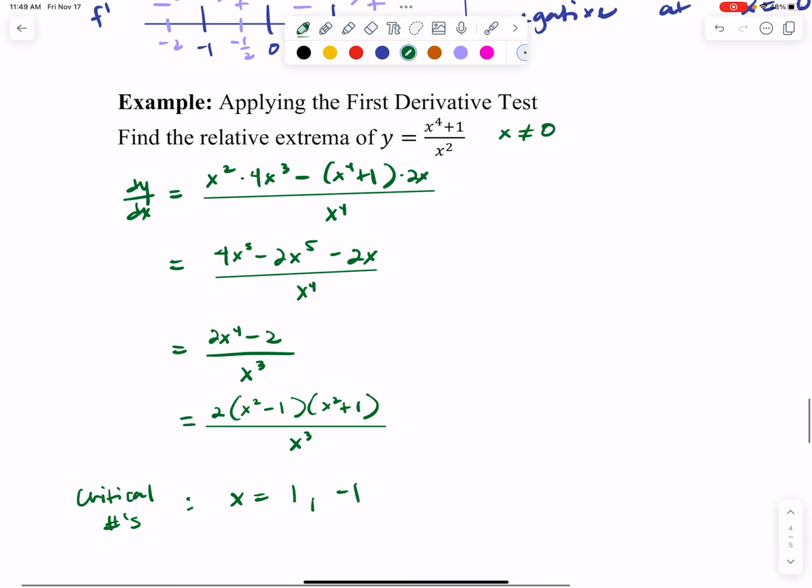However, if we think about what happens at 0, there's a vertical asymptote. So could the function change from increasing to decreasing at a vertical asymptote, or decreasing to increasing? Yeah. And we want to take that into account.